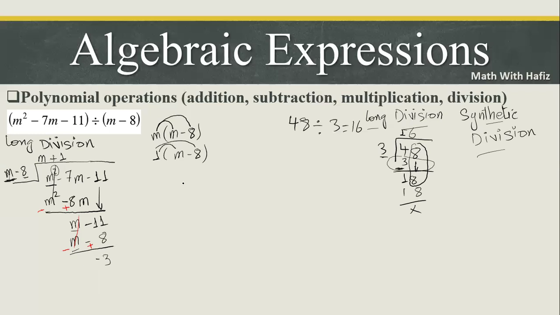All right, so we can say (m² − 7m − 11) divided by (m − 8) is equal to m + 1, which is the quotient, and -3 divided by (m − 8).